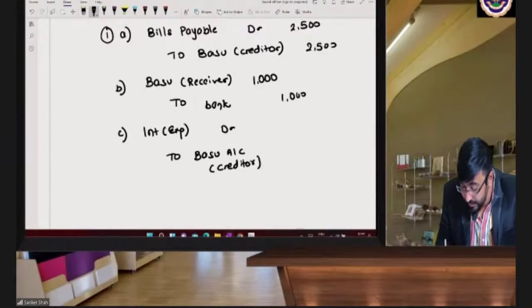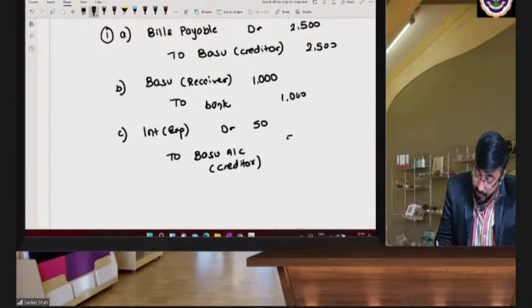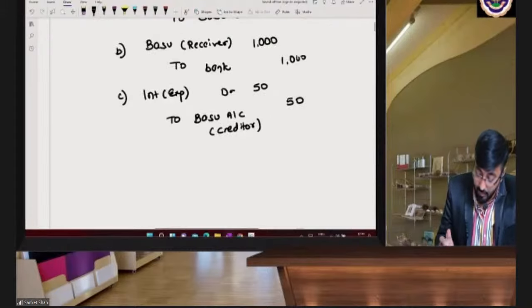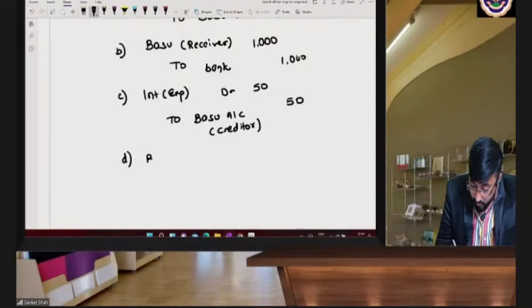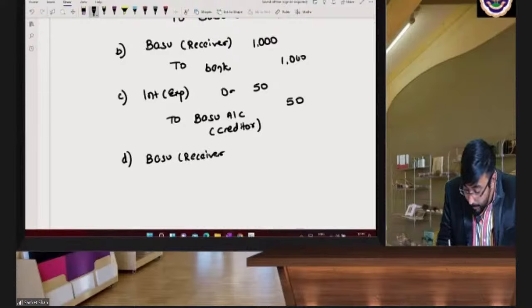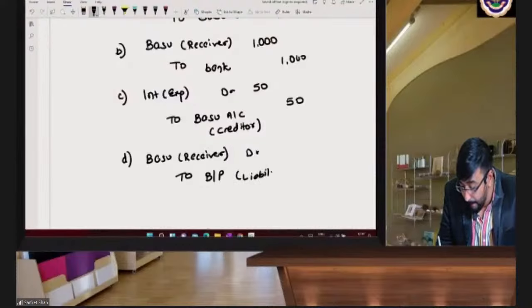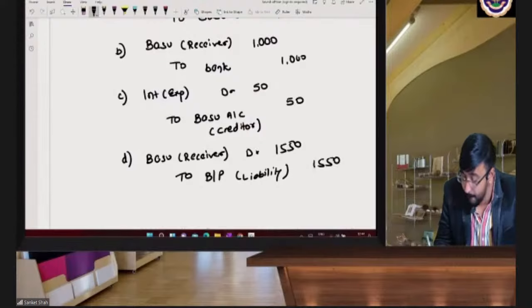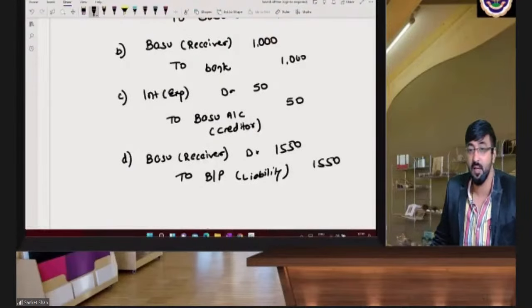So interest entry. Interest is 50. And now Basu is now receiver to bills payable, our fresh liability, 1,550. So it's very simple, sir.